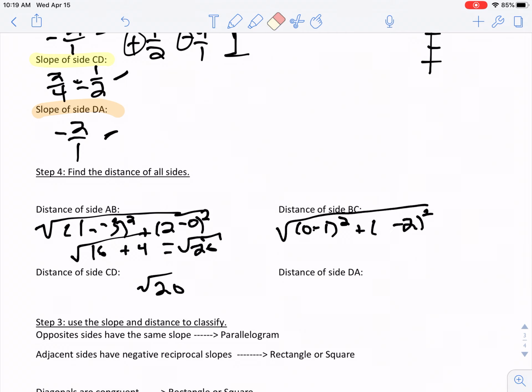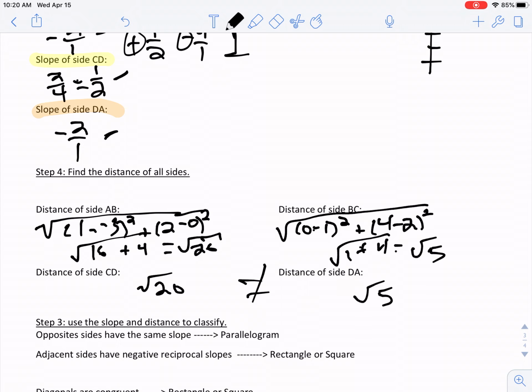My bad, it's 4 minus 2 since C is 0, 4. Right, 4 minus 2 is 2. Squared is 4. 0 minus 1 is negative 1. Squared is 1. 1 plus 4 is the square root of 5. DA would be the same thing. Those are not equal, so we know most specifically it's a rectangle.